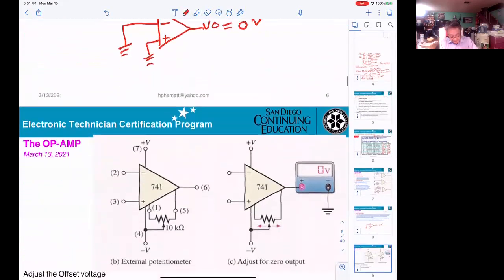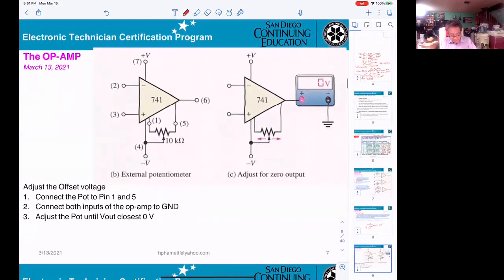Okay. In order to fix that, you can see op amp 741 pin 2 negative, pin 3 positive. Now pin 1 and pin 5 will be connected to the potentiometer.